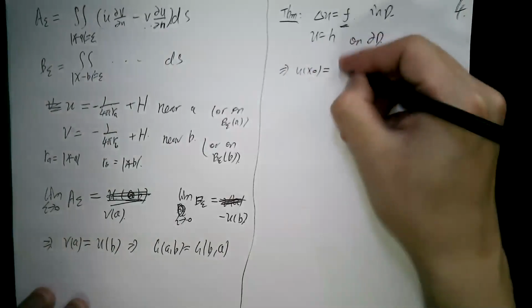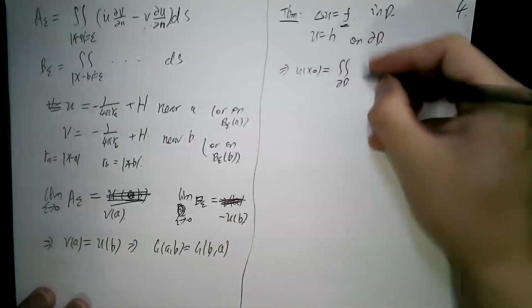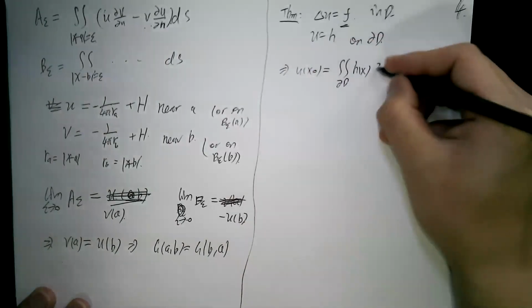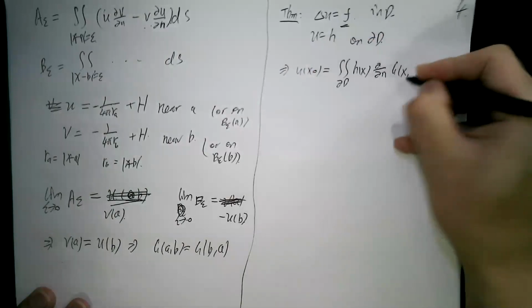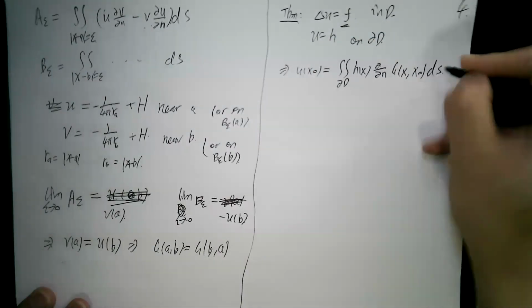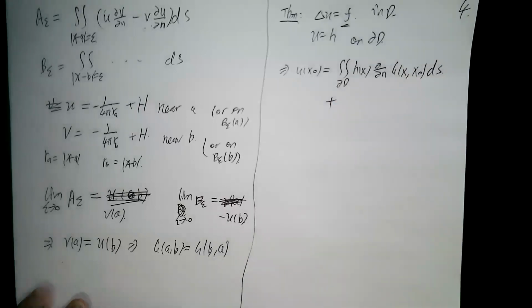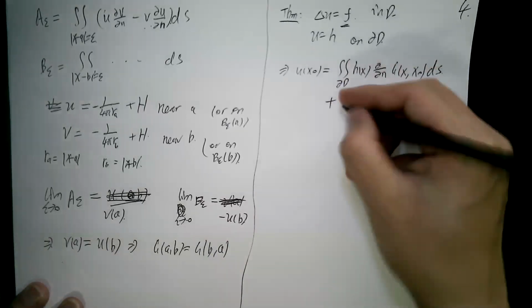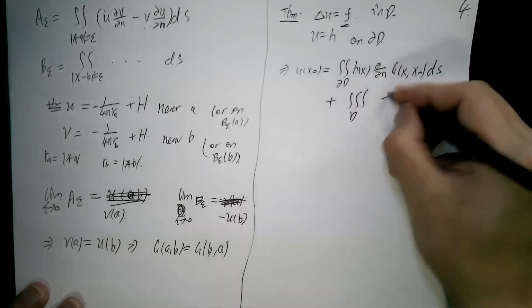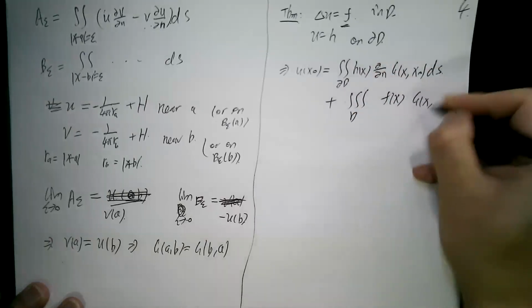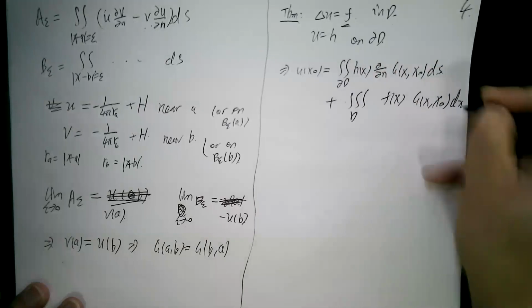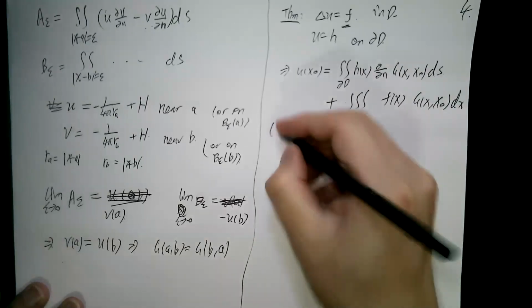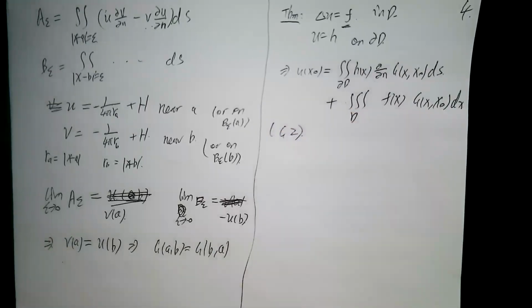This part is still like this part, and you will have something left as Laplace u times G, integral of f(x) G(x) dx. You can get this from G2.